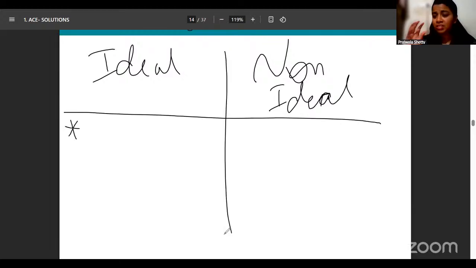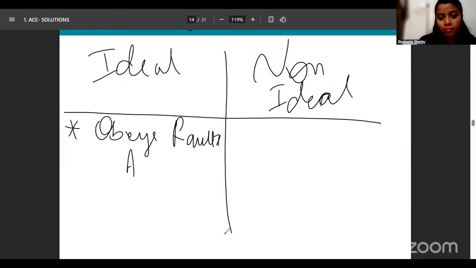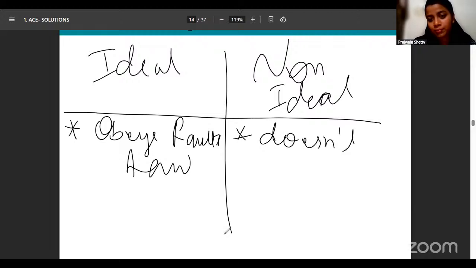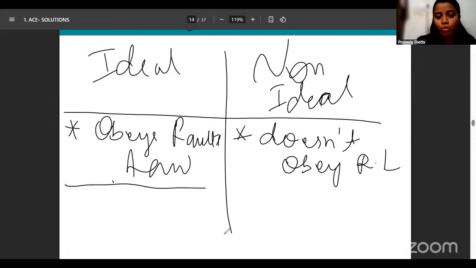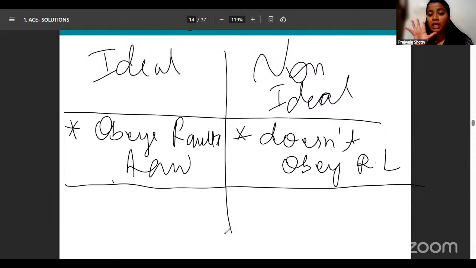An ideal solution, in very simple terms, is a solution which obeys Raoult's law, and opposite to it, the solution which doesn't obey Raoult's law. So this is the first and foremost important difference between ideal and non-ideal solutions. The solution which obeys Raoult's law is an ideal solution. The solution which doesn't obey Raoult's law is a non-ideal solution.